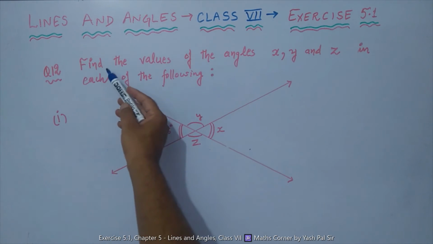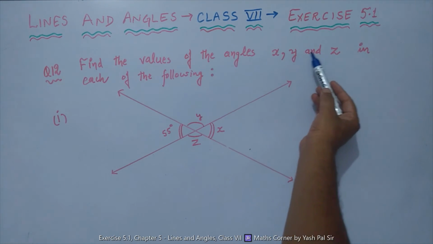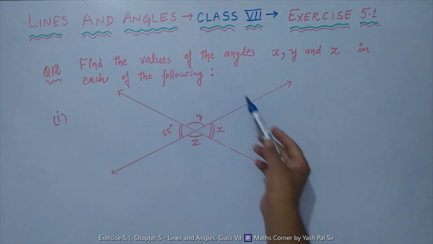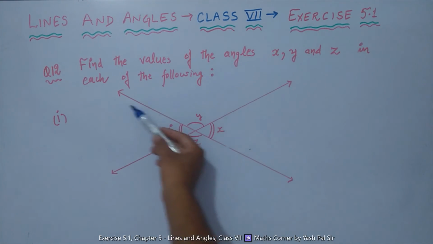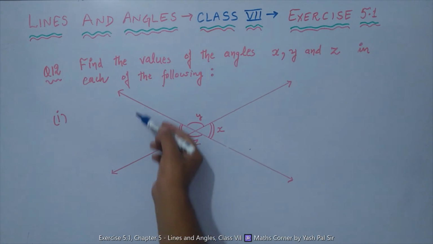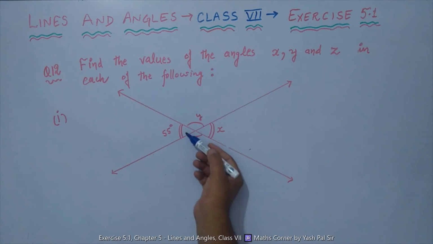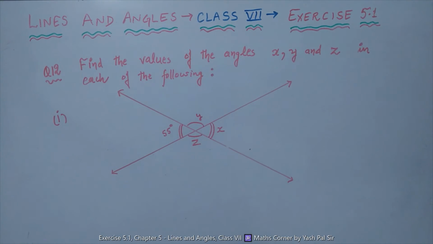Question number 12. Find the values of the angles x, y and z in each of the following. The very first part is, this is the cross section of 2 lines, crossing lines, okay, making the angles 55 degree, y, x and z. Now what is there?